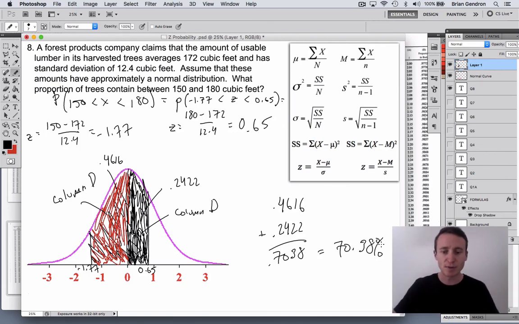Okay, so the interpretation here, a proportion of 0.7038 is that's the proportion of trees that contain between 150 and 180 cubic feet, or 70.38% of trees.